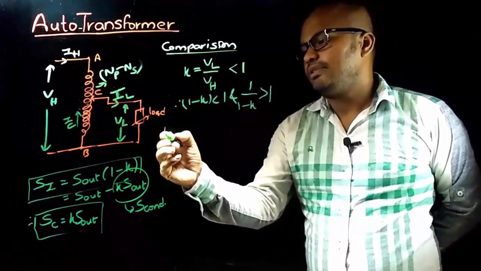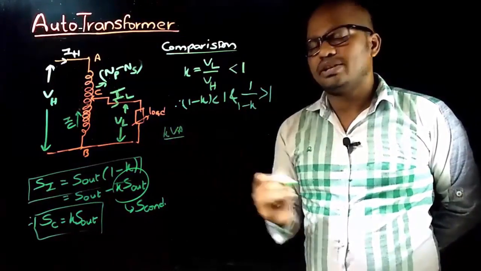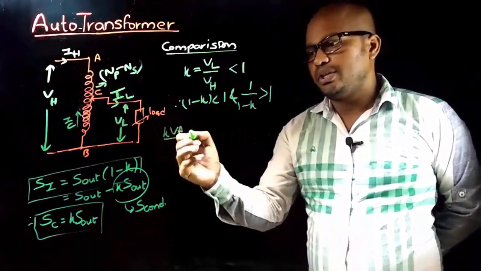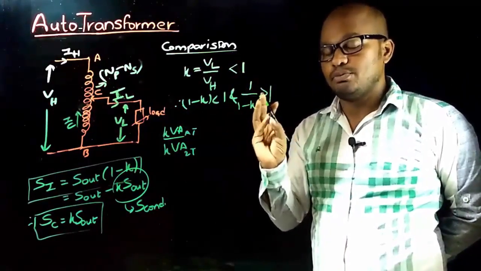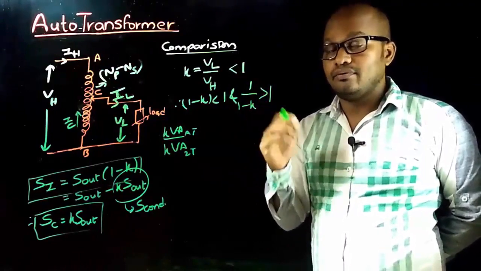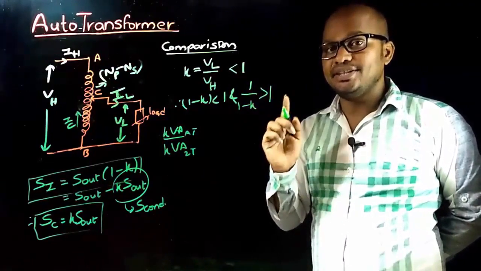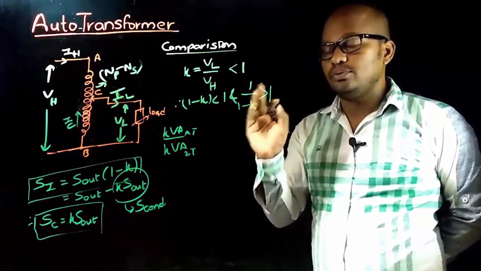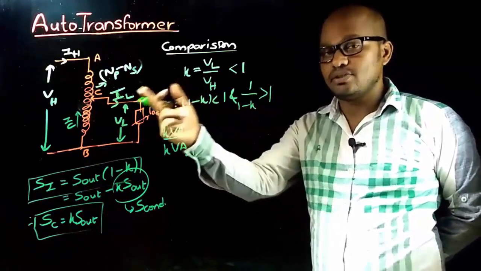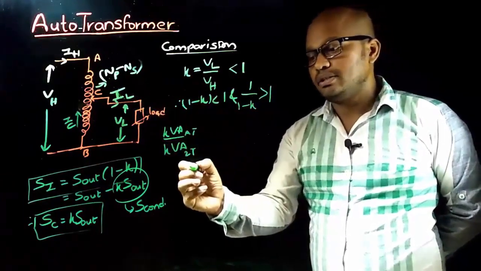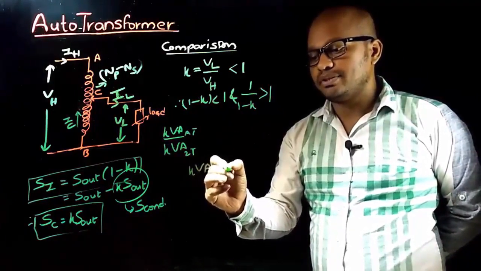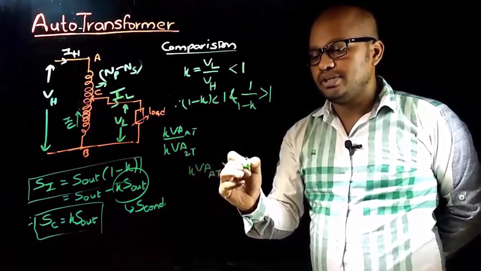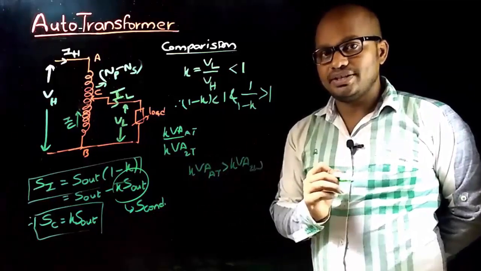And now comparing the kVA rating of auto transformer and two winding transformer, we know that in autotransformer there is both conductive power and inductive power, whereas in two winding transformer there is only inductive power. Therefore, if a two winding transformer is reconfigured as autotransformer, then the kVA rating of autotransformer will be greater than the kVA rating of two winding transformer.